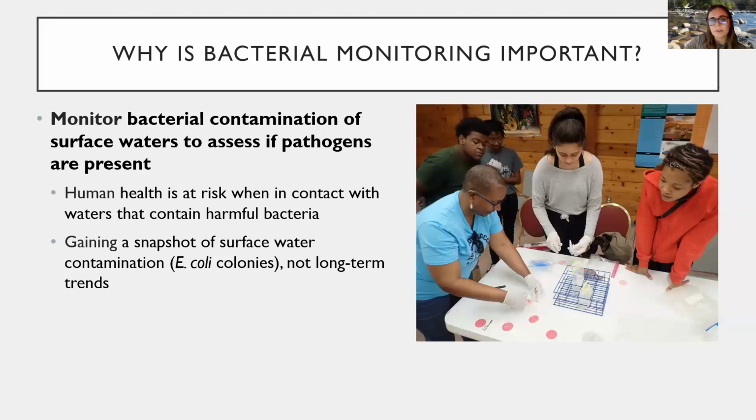When we go out and grab that sample, we're just looking at what contamination is going on in the stream right then. So we can't really infer and say, this time next year, my levels will be this. That's not exactly how this protocol works, which hopefully you'll understand as you get into the info a bit more.